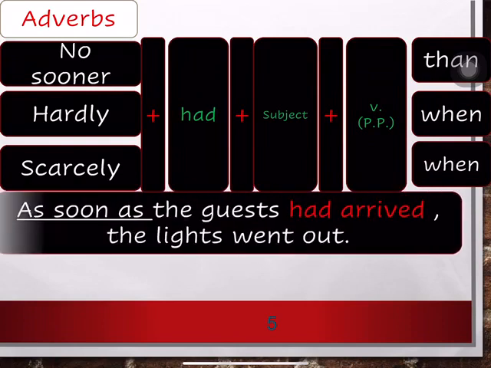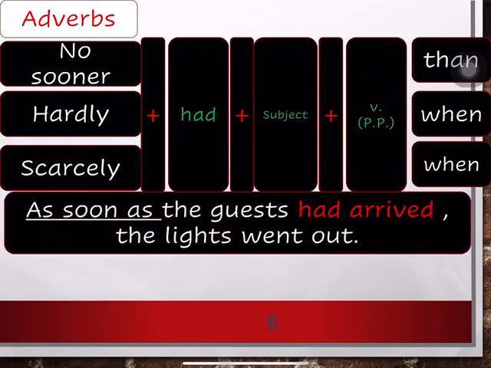Look at this example. As soon as the guests had arrived, the lights went out. I want to start this sentence with no sooner. So no sooner is a substitution of as soon as, and here we have to invert the sentence. How am I going to do that? Look carefully.